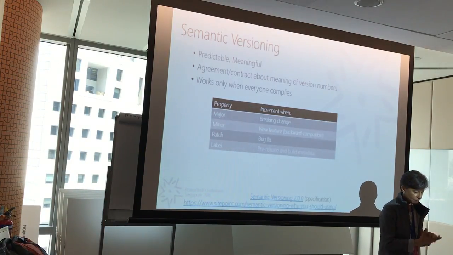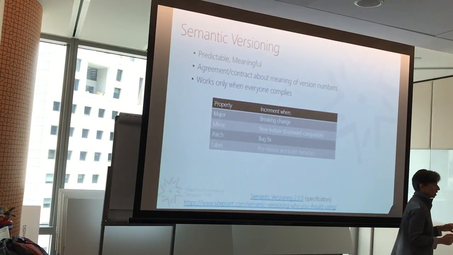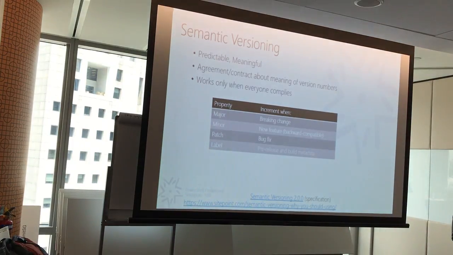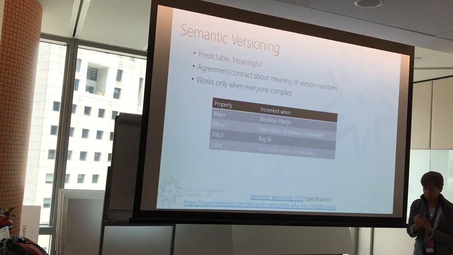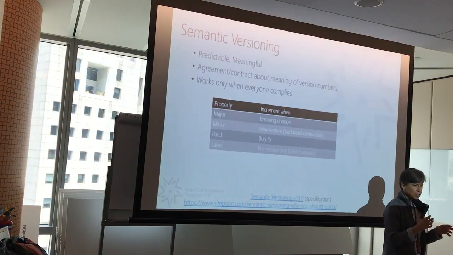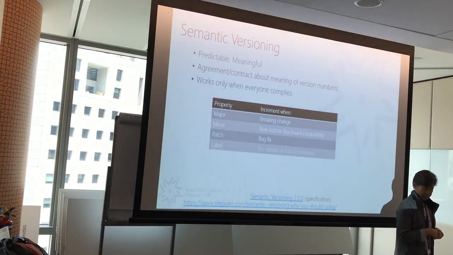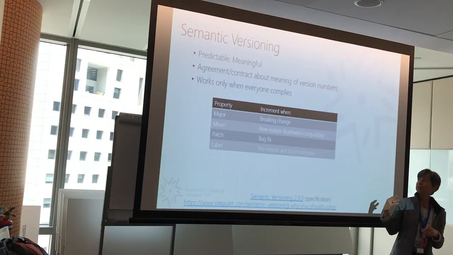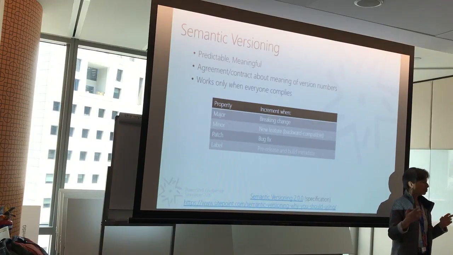So normal versioning is quite arbitrary. In fact, I've seen groups get together and say, well, when are we going to increment the build number, right? Or is this really a major version kind of case where we increment the major version number? And it's pretty arbitrary.